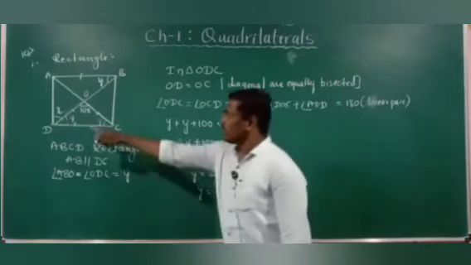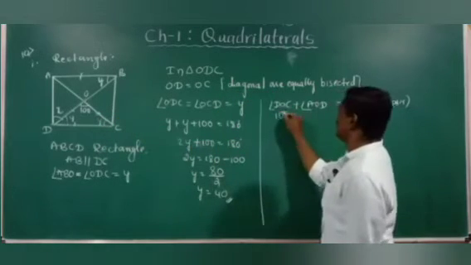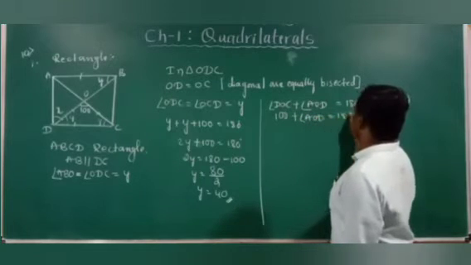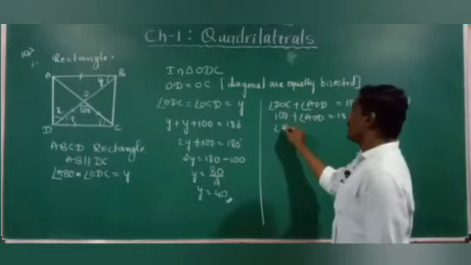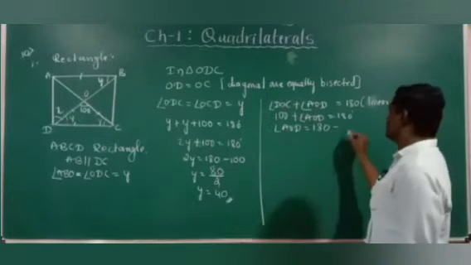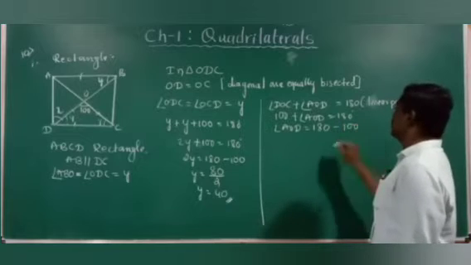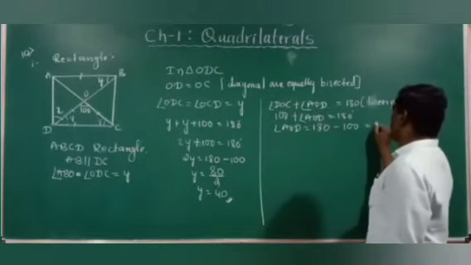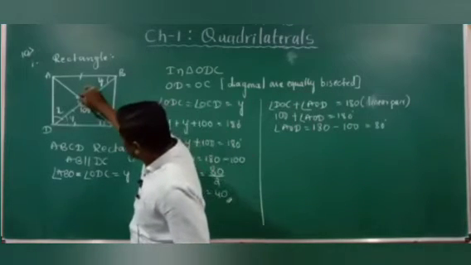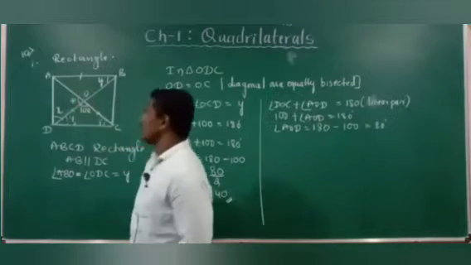Now angle DOC is already 100 degree, plus angle AOD is equal to 180 degree. Angle AOD is equal to 180 minus 100, which is equal to 80 degree.